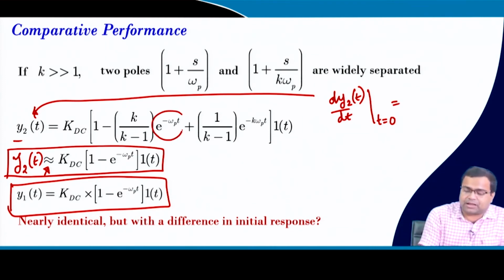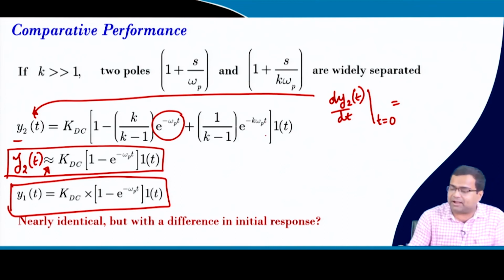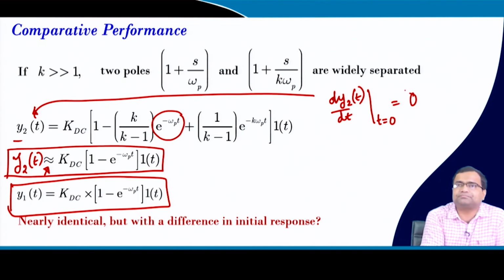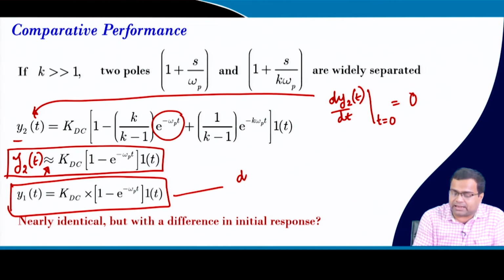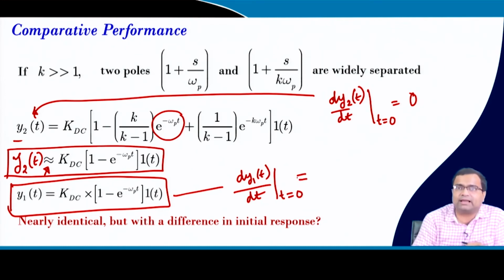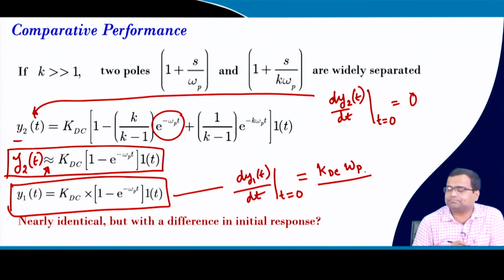So, this term, minus k omega t, will come, and you will find this will be simply 0. But if you take this response and if you write dy1(t) by dt, computed at t equal to 0, what you will find? You will find it is nothing but K_DC into omega_p, that is it.